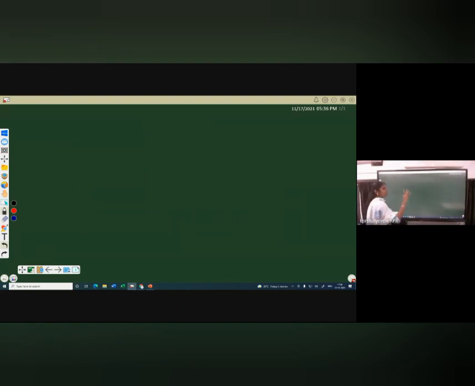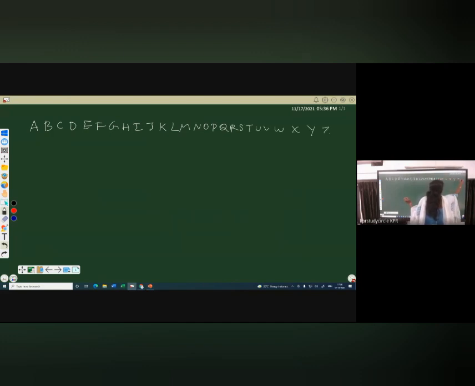First, let me write the English alphabets. The first 4 letters are written in opposite order, and the next 4, and so on. So let me split by 4 alphabets.